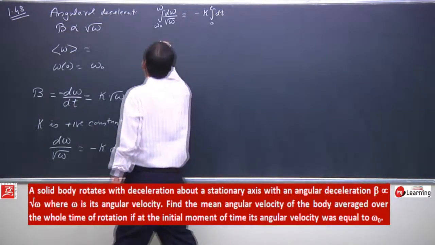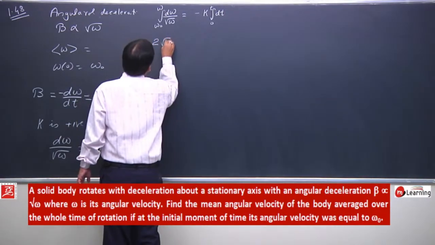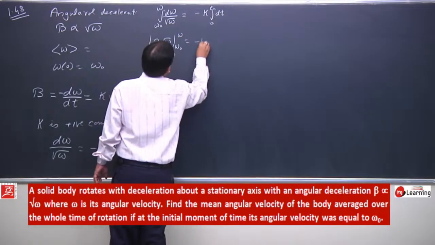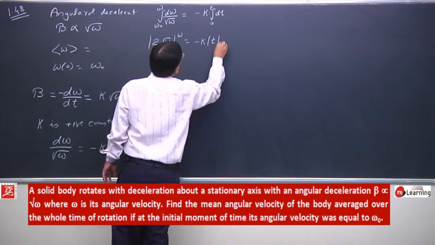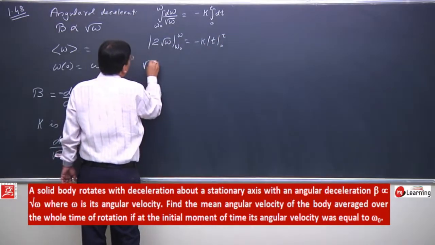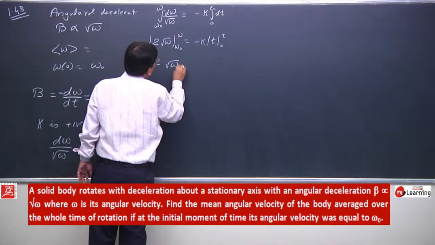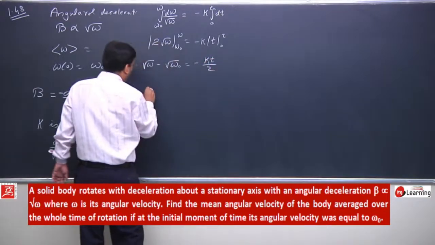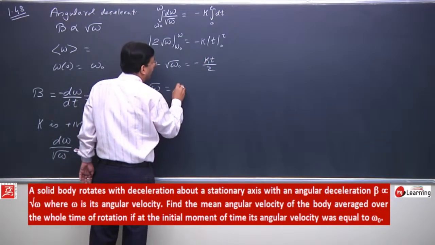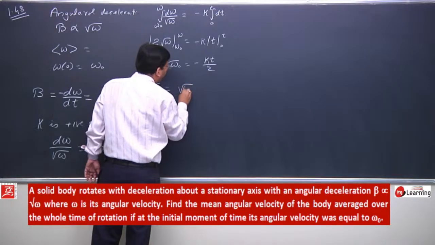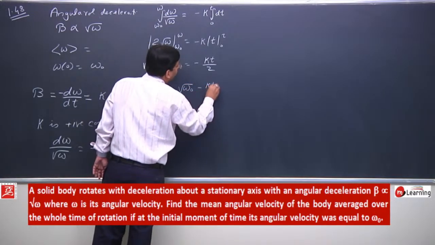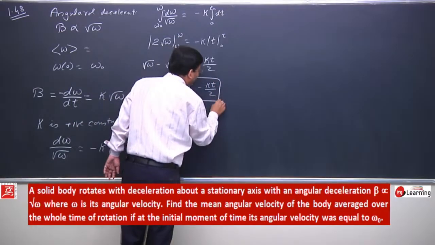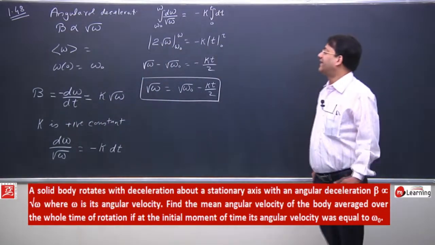Now this would give me 2 root omega from omega naught to omega is equal to minus kt from 0 to t, or root of omega minus root of omega naught is equal to minus kt by 2, or root of omega is equal to root of omega naught minus kt by 2. One can always write this equation after integrating.